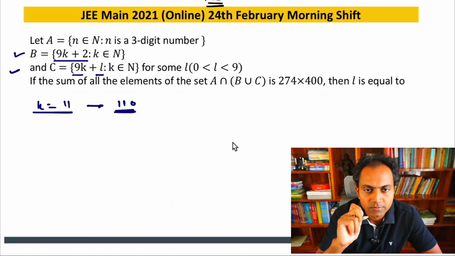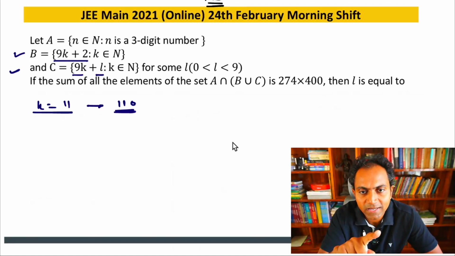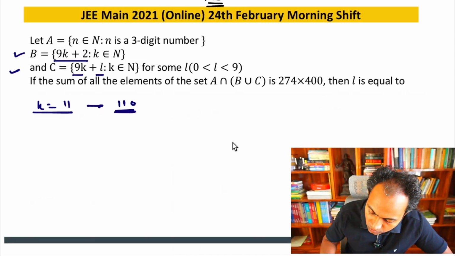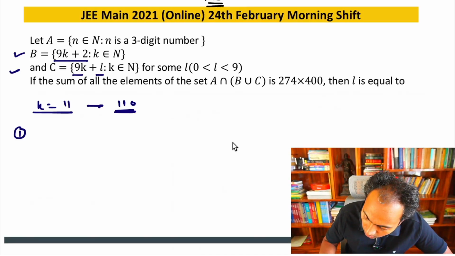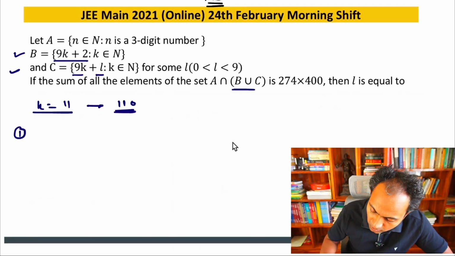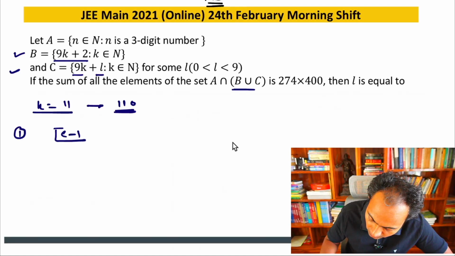Now they are saying, if I take the intersection of A with B union C, and the sum of all the elements is 272 into 400, what can be the value of L? You can see that all such numbers would be 3-digit numbers in the union of B and C. Now there can be two cases here. Case 1 is that L also becomes equal to 2.